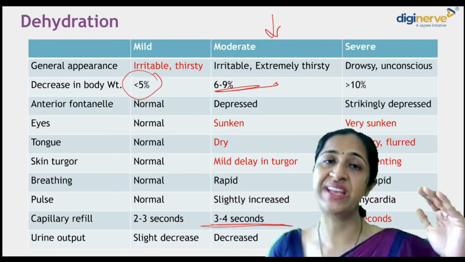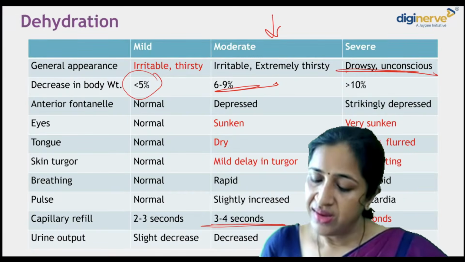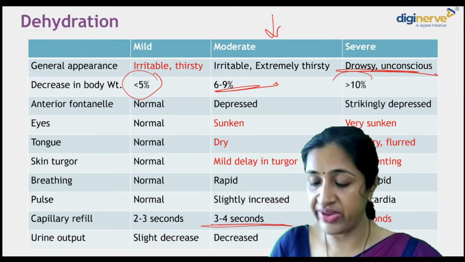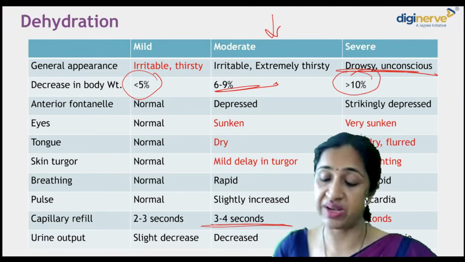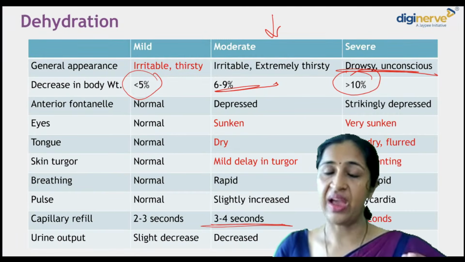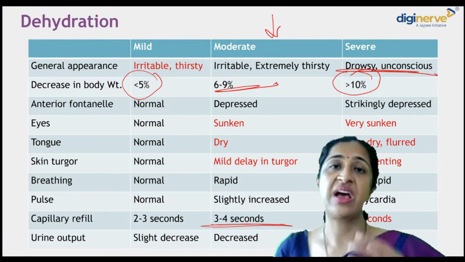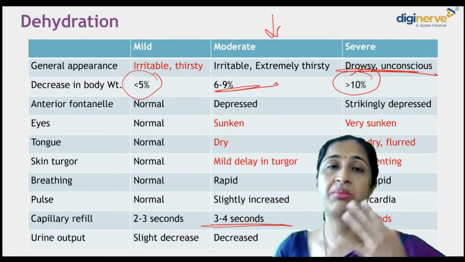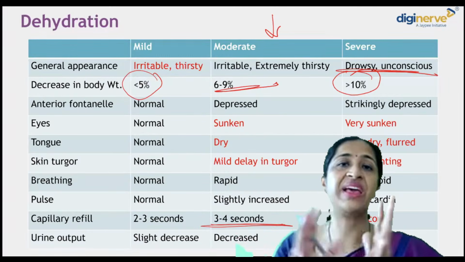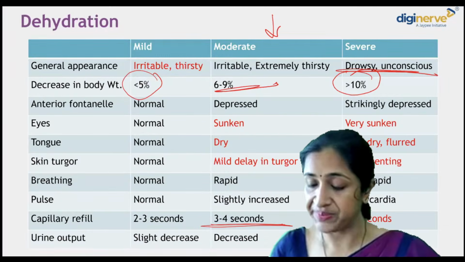Here, mentation is affected. The child is drowsy, may be unconscious, unresponsive, with very significant reduction in body weight, more than 10% of body weight lost. The anterior fontanelle is severely depressed, eyes are deeply sunken, the mouth is very dry, the tongue is furred. Furred means the papillae are visible and the tongue is very dry.